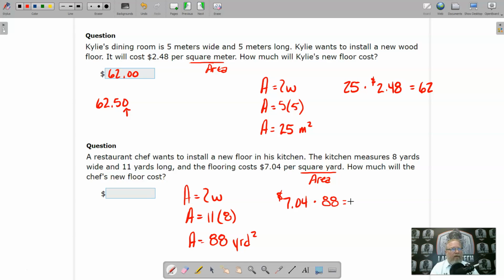I'm not going to mental math that. 7.04 times 88 comes to $619.52.